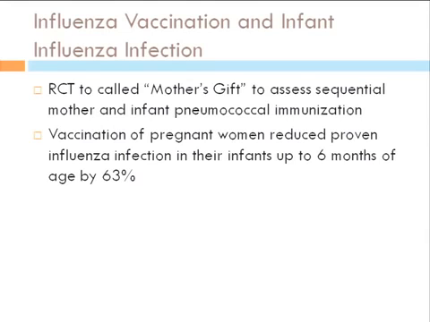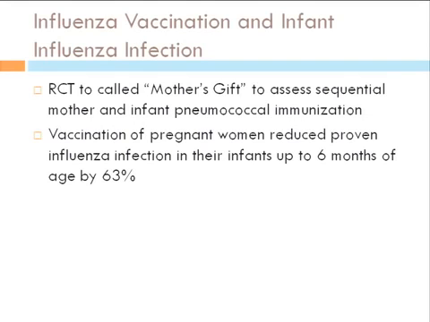And pregnant women are at increased risk for severe outcomes if they get influenza. But what they found was that immunizing pregnant women with the influenza vaccine protected their infants more from pneumonia than giving the pneumococcal immunization to women. Their primary outcome of interest was pneumonia hospitalization in infants.